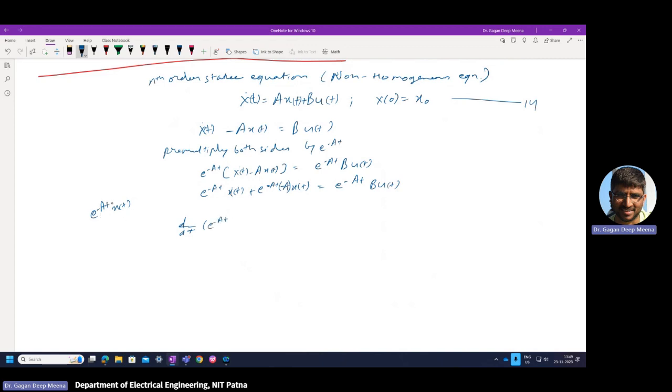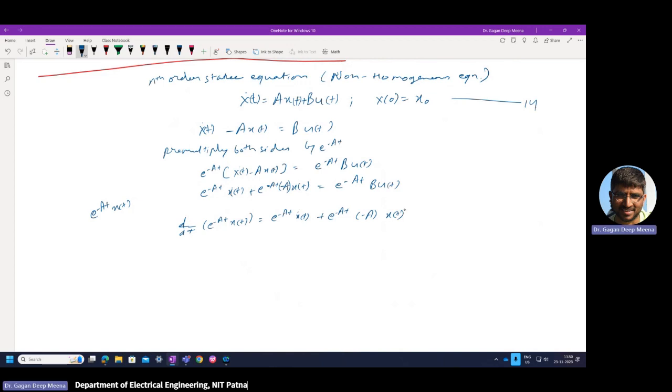We will differentiate this term, and we will see that it can be written as e to the power minus at x dot t plus e to the power minus at minus a of x of t. Okay. So now this is having some similarity here, right?